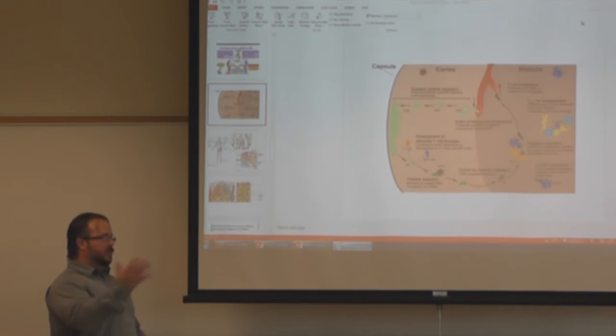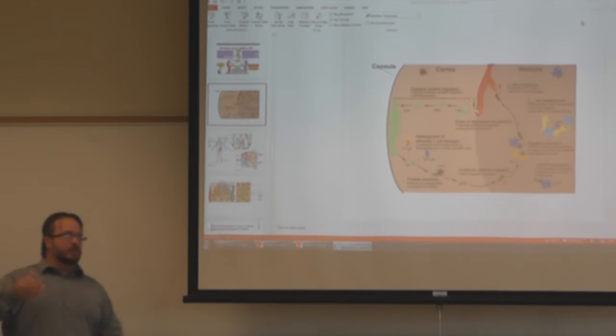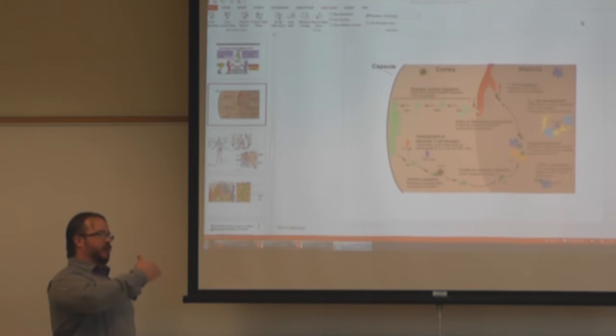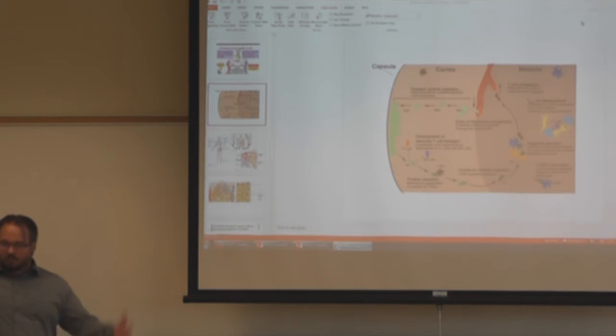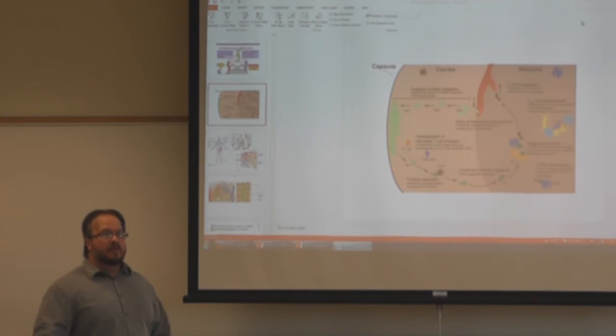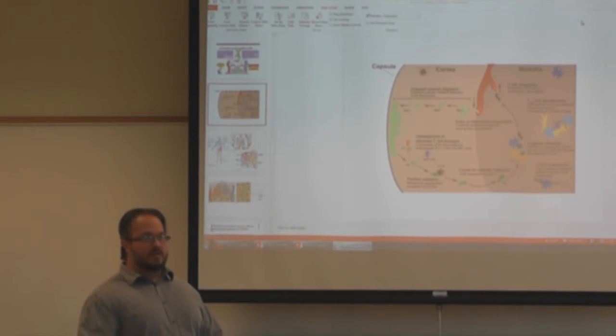So, knowing that, people are trying to induce tolerance by delivering antigens in that area via the mucus. Yeah, it'll be like the nasal little flu shots that they're starting to give out. Yeah, that'd be an example of that. Yeah, exactly.